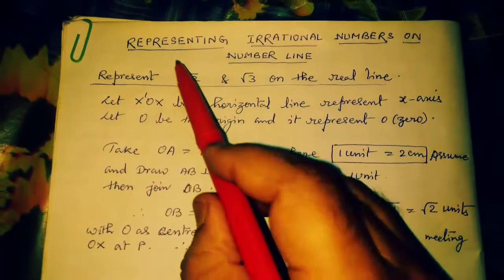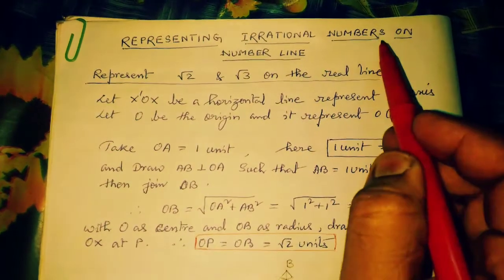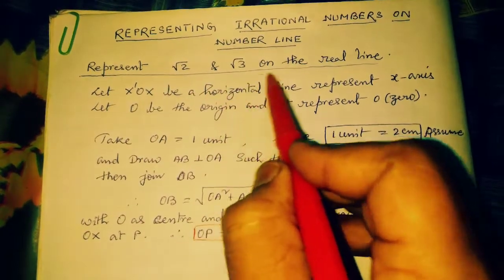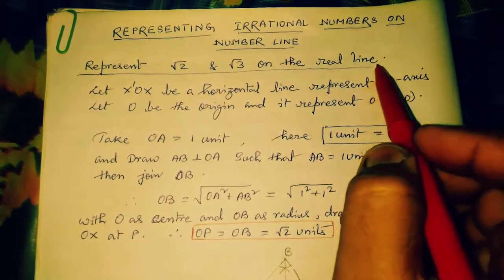So, representing irrational numbers on the number line. How to represent root 2 and root 3 on the real line, that we'll see today.